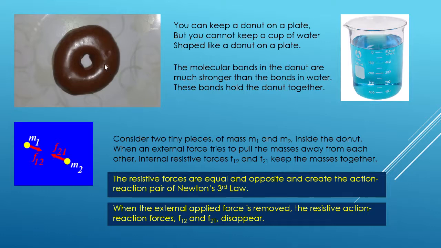When we try to pull the donut apart, that is, when an external force tries to pull the masses away from each other, internal resistive forces F12 and F21 keep the masses together. The resistive forces, as you can see in this diagram, F12 and F21, are equal and opposite.